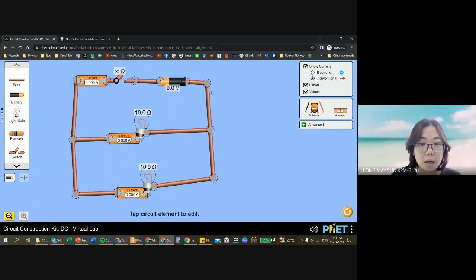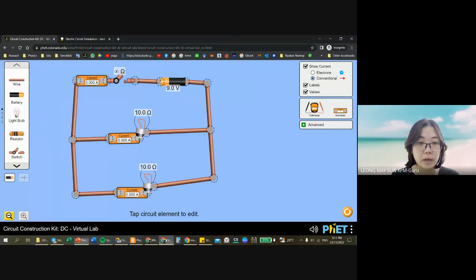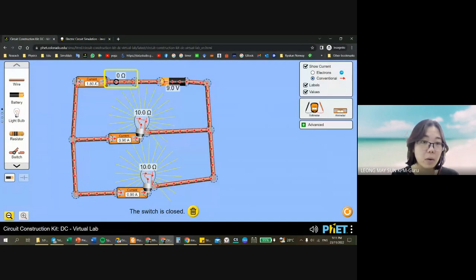Okay, so here, if I were to switch on the power supply, remember what I want to measure. I want to measure the I total, I1 and I2. Okay, so I'm going to let this power on. My outgoing current from the battery is 1.8 ampere. The one that enters resistor 1 or the first light bulb is 0.9 ampere.